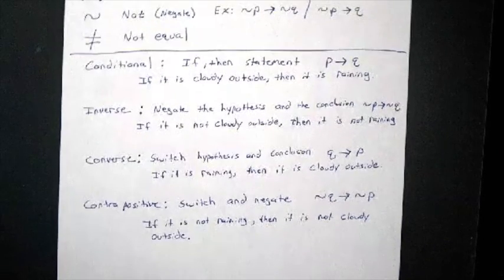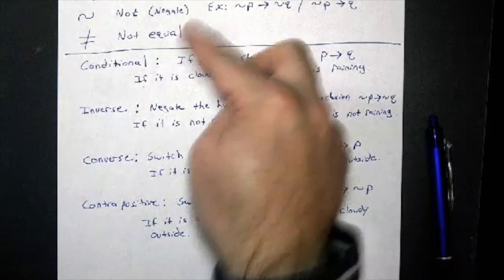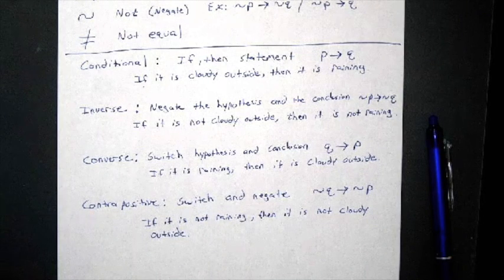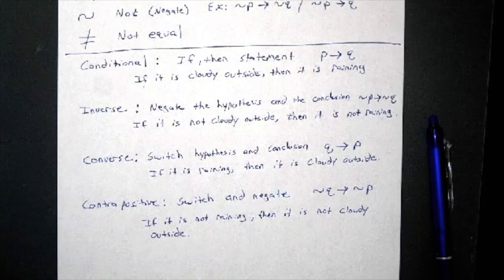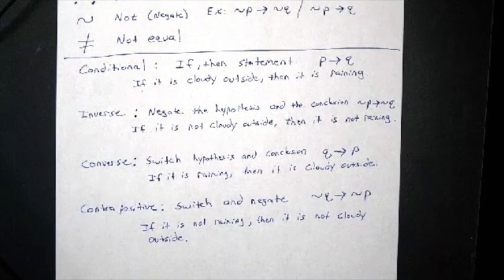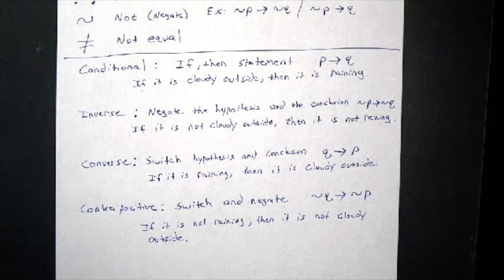So I switched the hypothesis with the conclusion, and I negated both of them for the contrapositive. So again, you're just going to have to memorize these. There is at least one example of one on the test. Okay, so that takes care of all of our conditional statements and the inverse, converse, and contrapositive and our symbols.